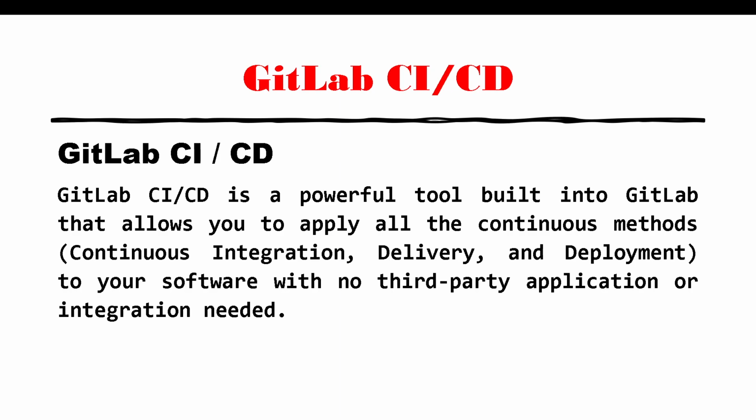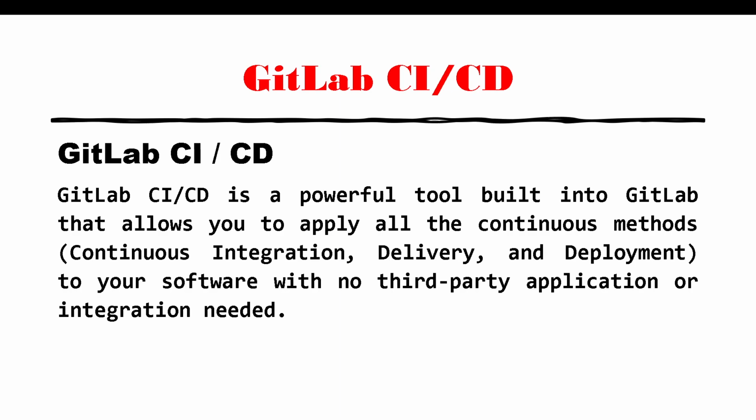Now, there are many other open source and paid CI/CD tools out there. Like we have Jenkins, which is an open source tool which can be used to communicate with repositories and trigger the pipeline, or you can say do the CI/CD for us.